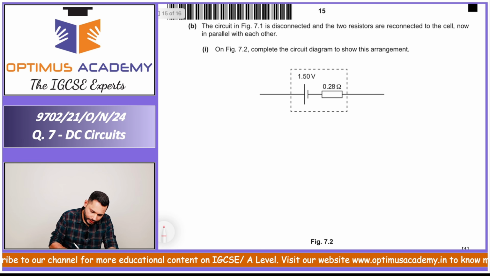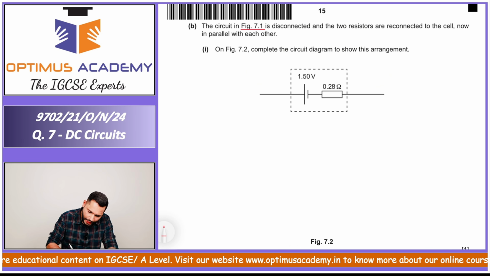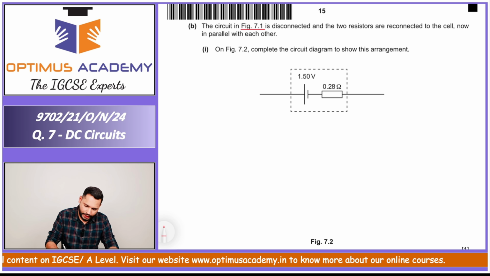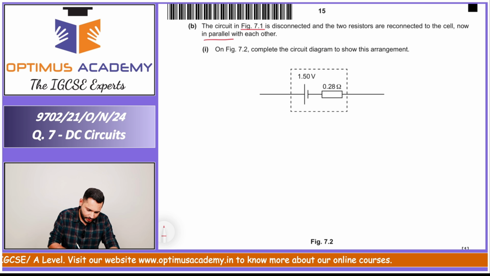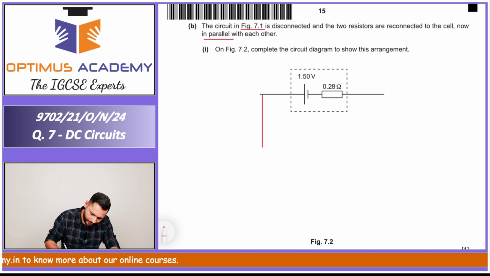Question B. The circuit in figure 7.1 is disconnected and the two resistors are now reconnected to the cell in parallel with each other. On figure 7.2, complete the circuit diagram to show this arrangement. Okay. Now those two resistors are connected in parallel to the circuit, meaning battery. So you can show them like this.